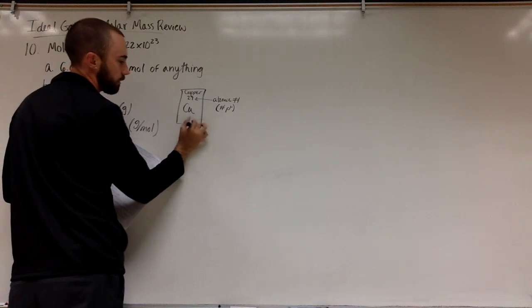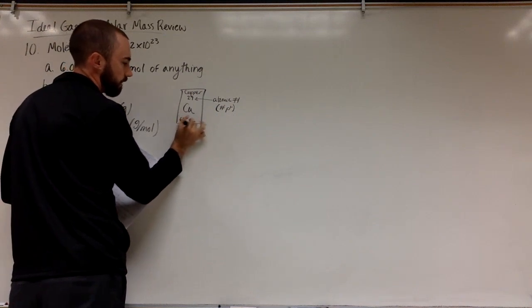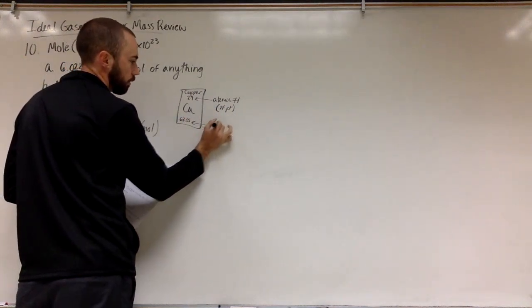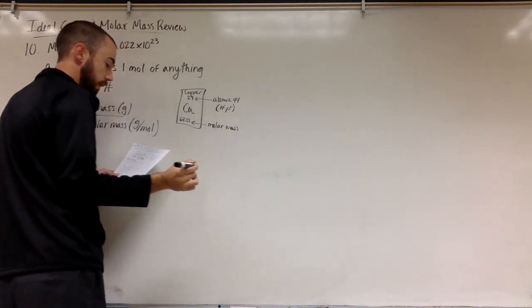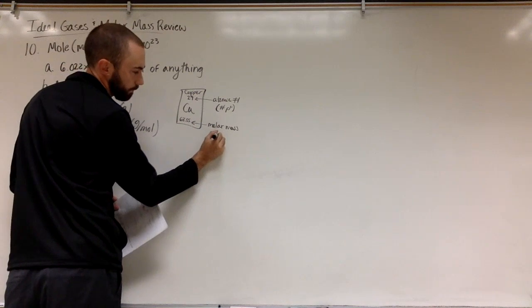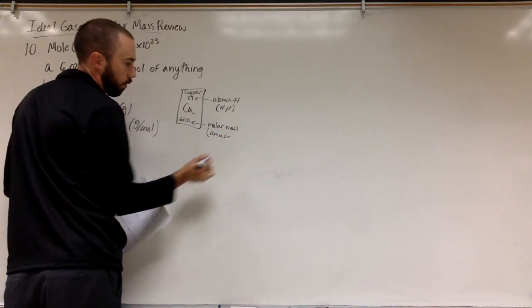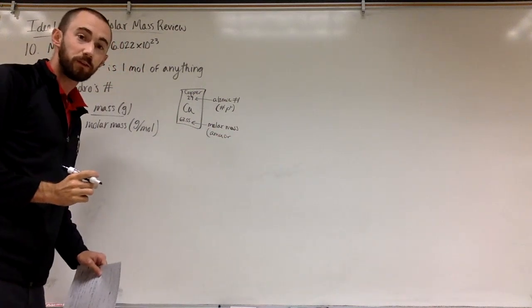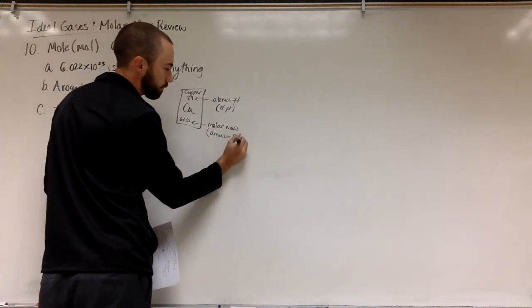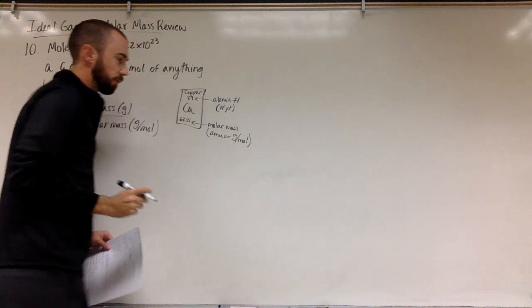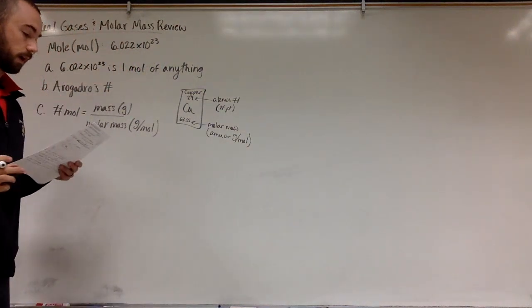And then down here, you'll have 63.55, and that's going to be your molar mass. That can be AMU, or, isn't it wonderful that the bell went off? Or grams per mole. Both of them work the same.